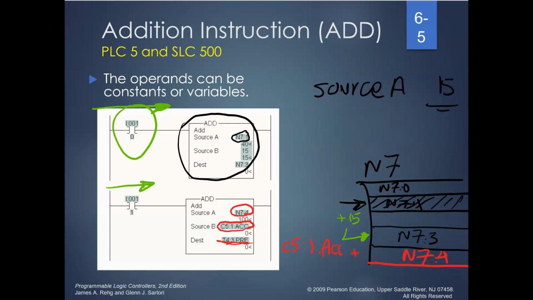That's a very interesting application. You are adding an integer value from your integer file to the accumulator value of counter 1, and the result of the addition is stored as the preset of timer 3. This way you can change your timer preset in your program by using an arithmetic instruction.